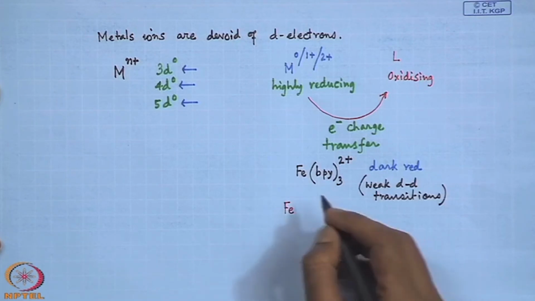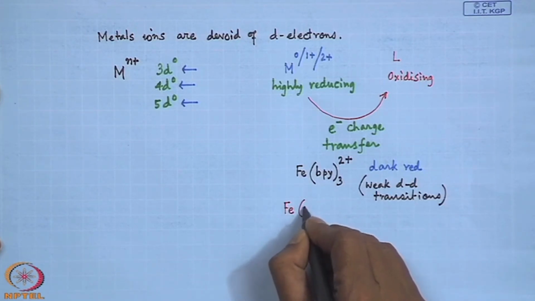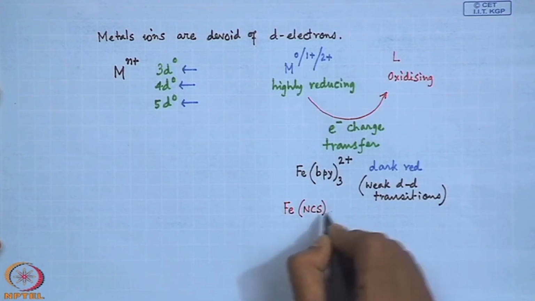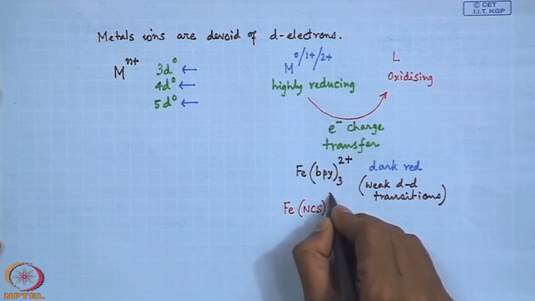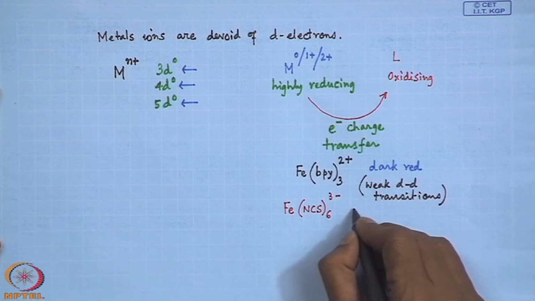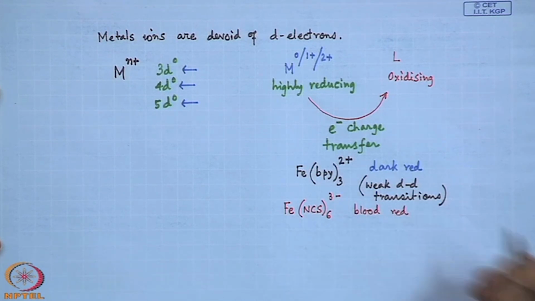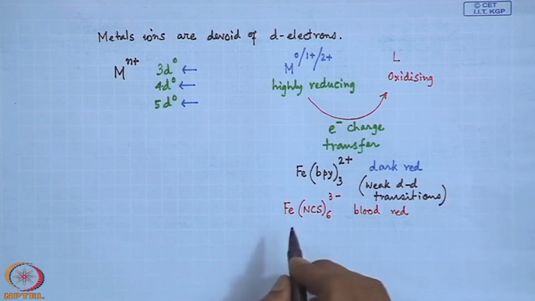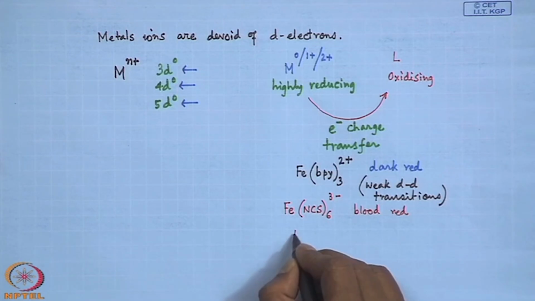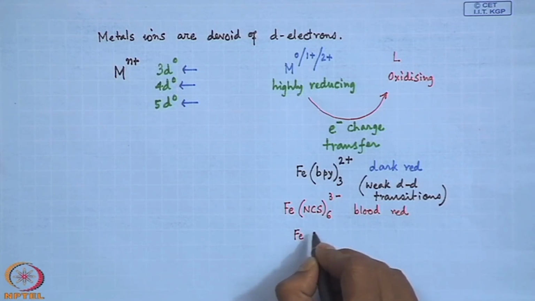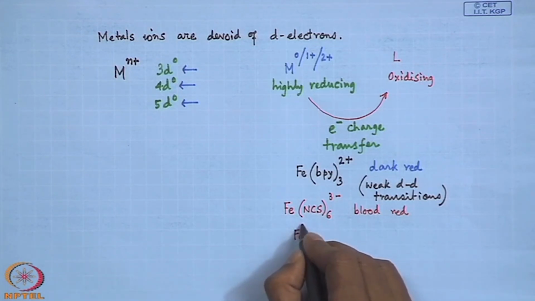Similarly, the detection of iron by thiocyanate anion gives rise to a blood red coloration due to the formation of the corresponding species, where this particular charge transfer can take place.